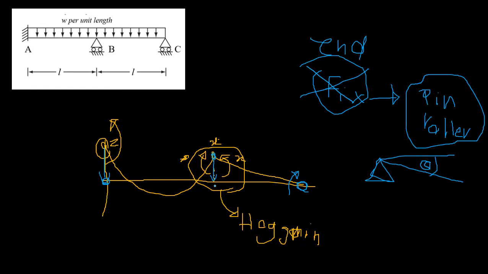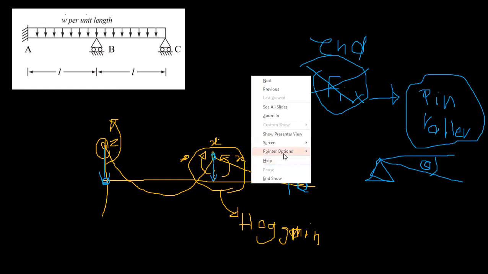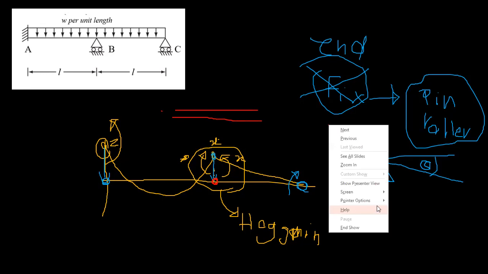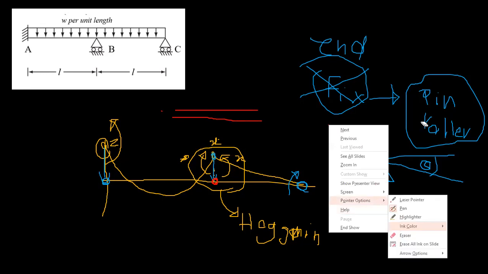So how we are going to do that is, you make a hinge here. If you apply a hinge, your beam can rotate separately. If you apply a moment, it cannot resist bending. So now it is a continuous beam, right?